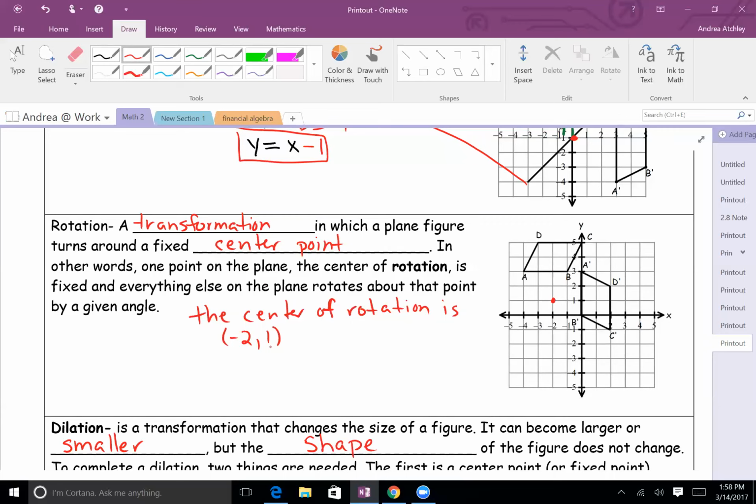And what's the angle of rotation? Anyone see the angle at which we rotated? 90 degrees. If you connect here a line from the center to the image, and also then to the pre-image, you can see that that's a 90-degree angle. So that's why it's 90 degrees.